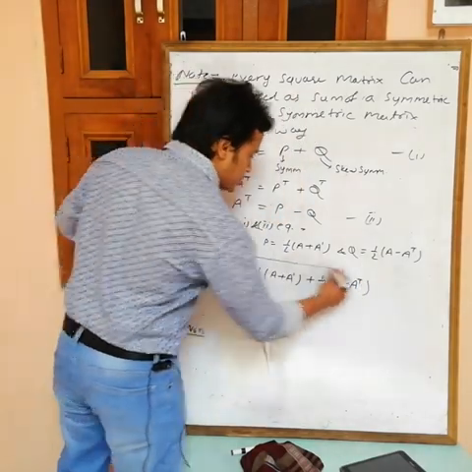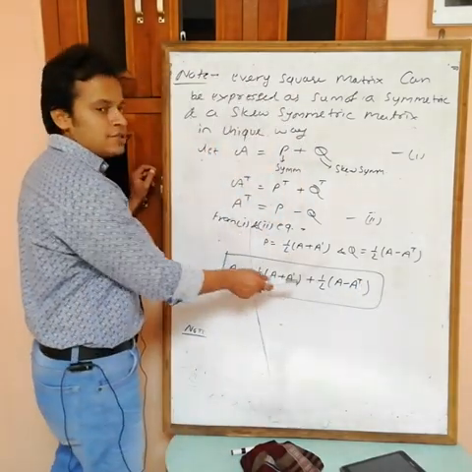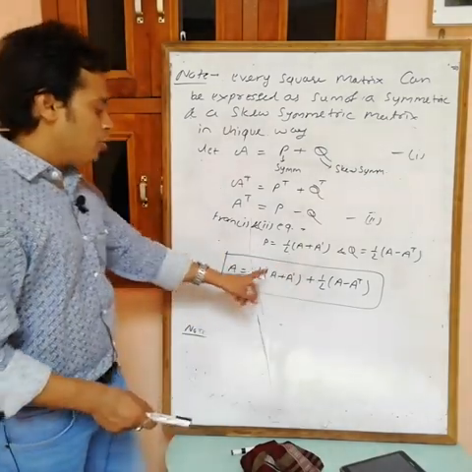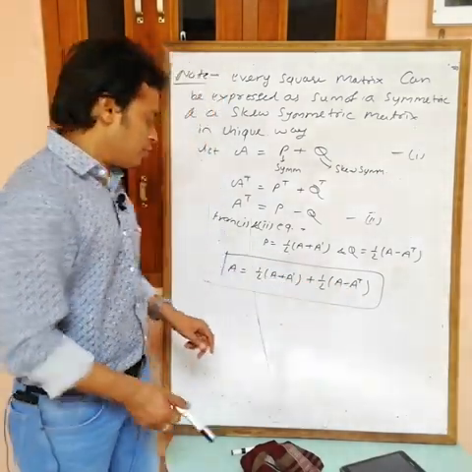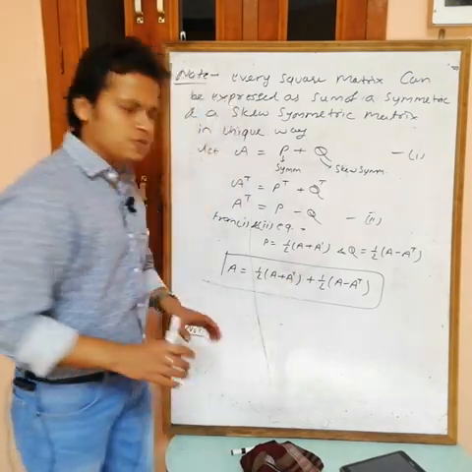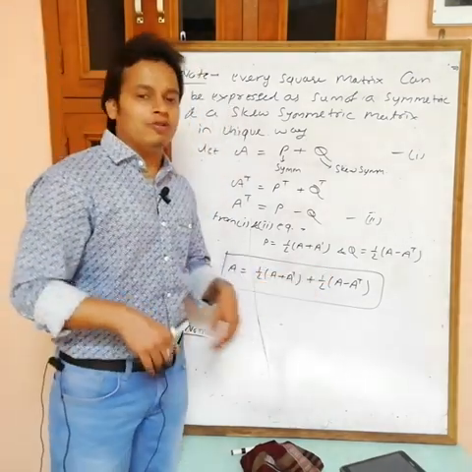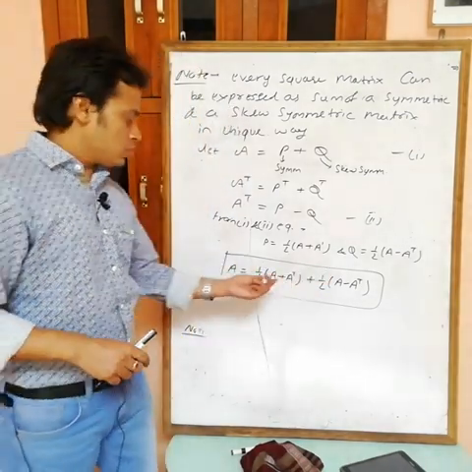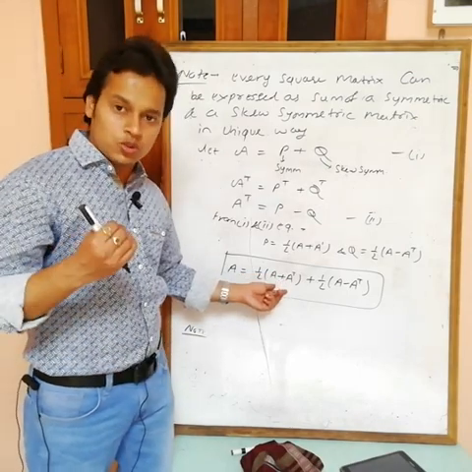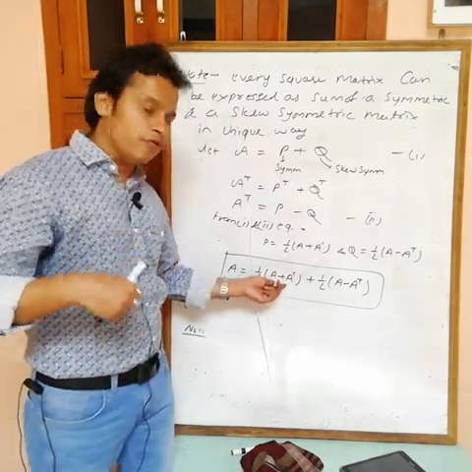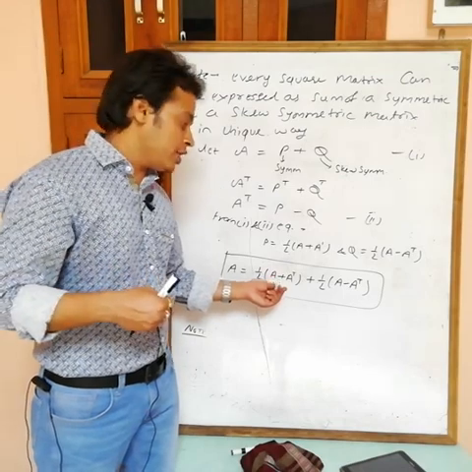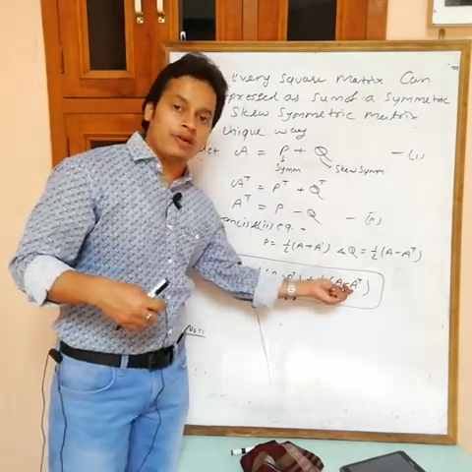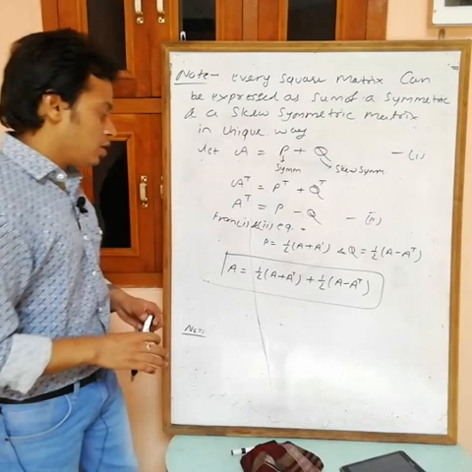If you solve this, you will get LHS equals RHS. 1 by 2 common, A transpose cancels out. A dash or a transpose are the same thing. 2A by 2 gives A equals A. This first part is always symmetric for any square matrix A, and this second part is always skew symmetric for any square matrix A.